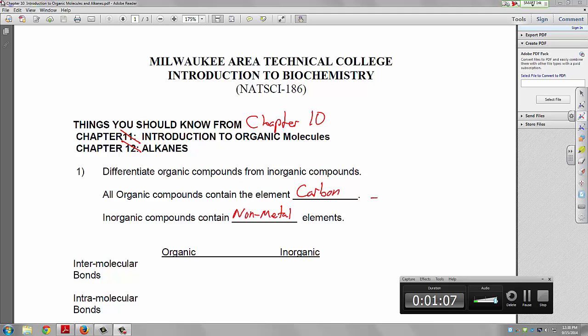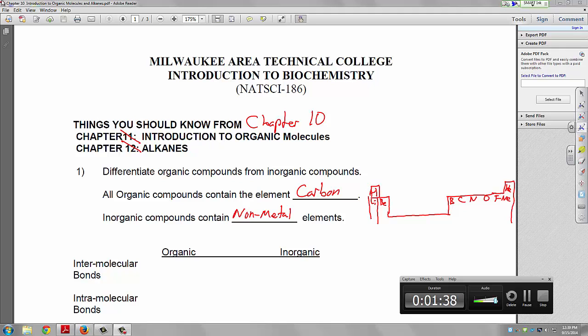So again, if you remember your periodic table, draw a quick periodic table here. Hydrogen is included in organic compounds. Helium not. Lithium, beryllium, boron, carbon, nitrogen, oxygen, fluorine, neon.